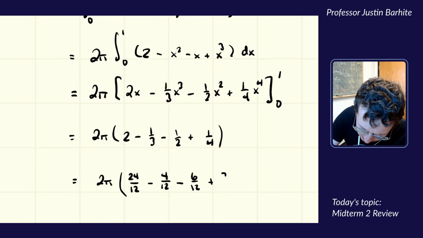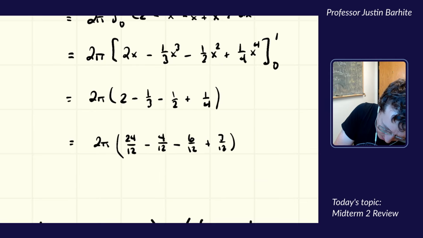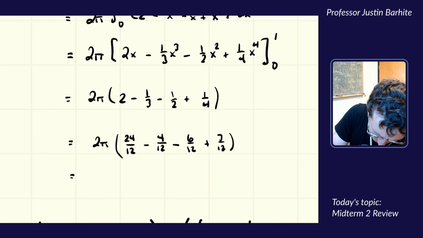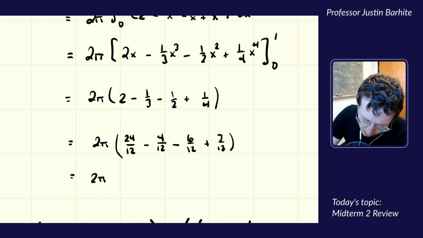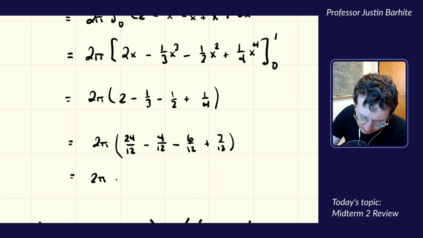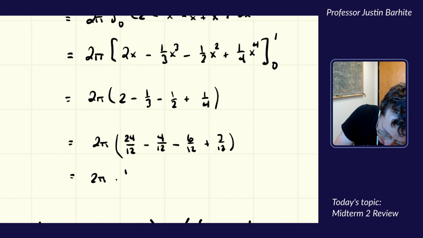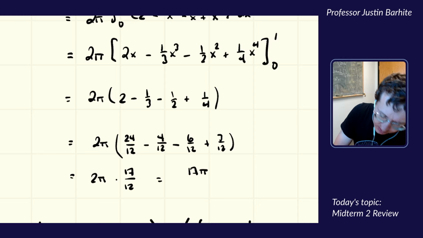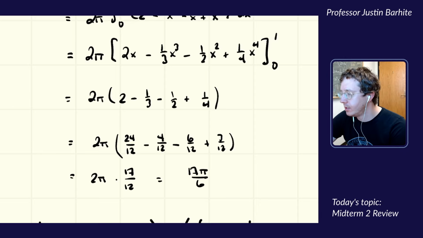Let's see, 3 over 12. 24 minus 4 is 20, minus 6 is 14, plus 3 is 17. So 17 pi over 6 is my answer.